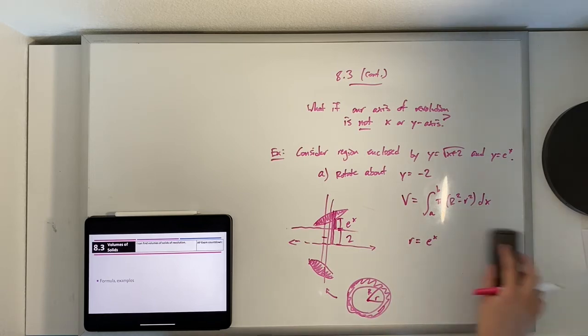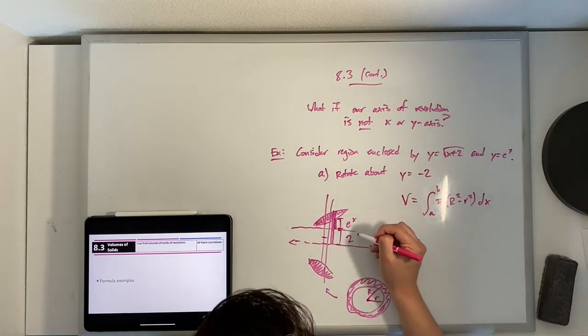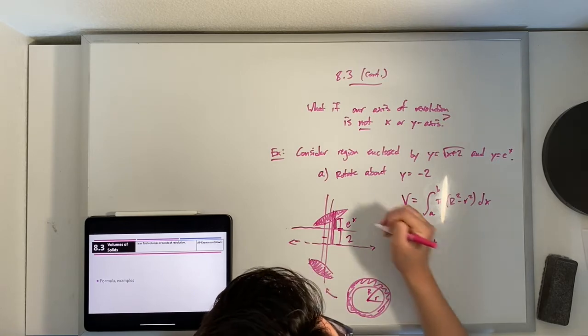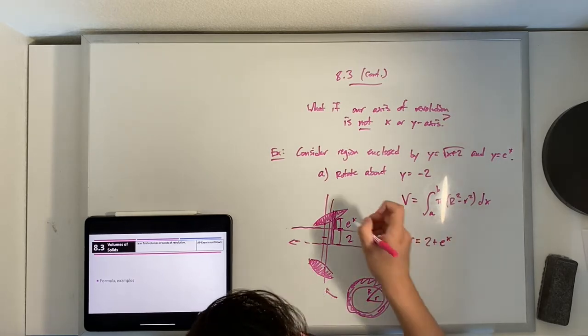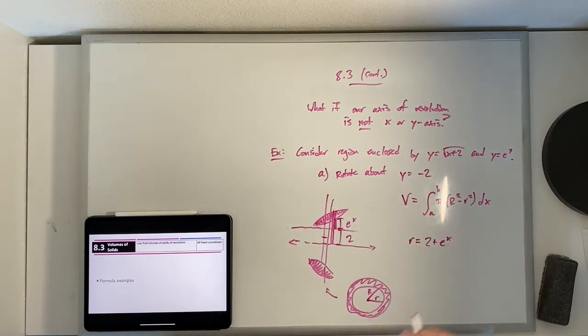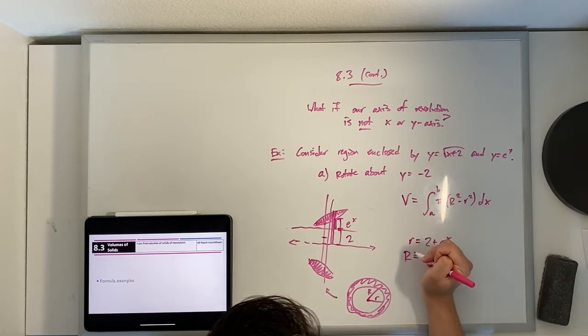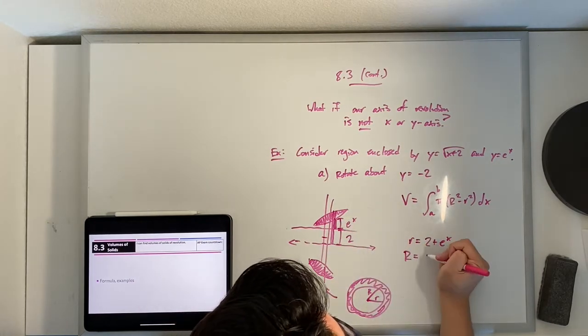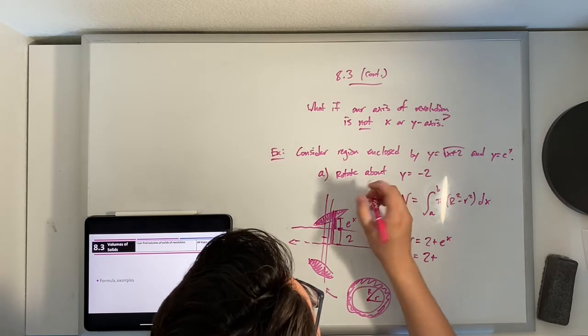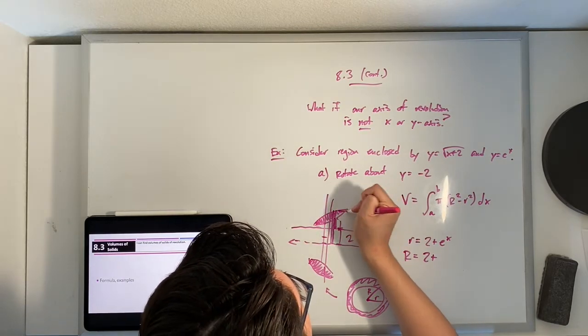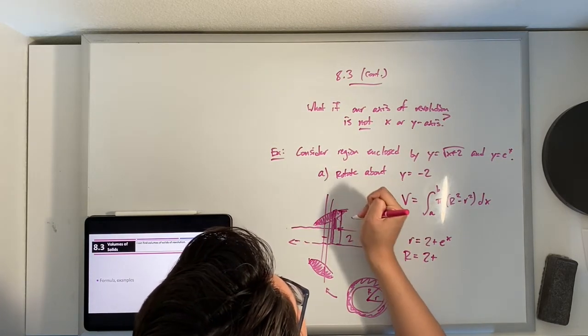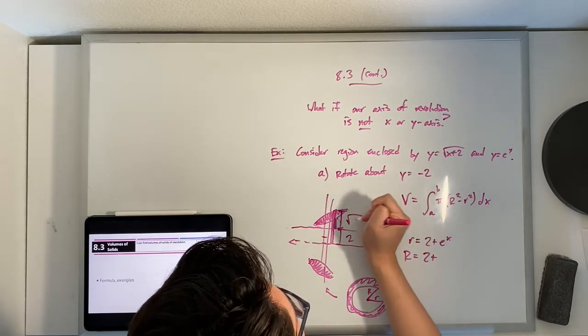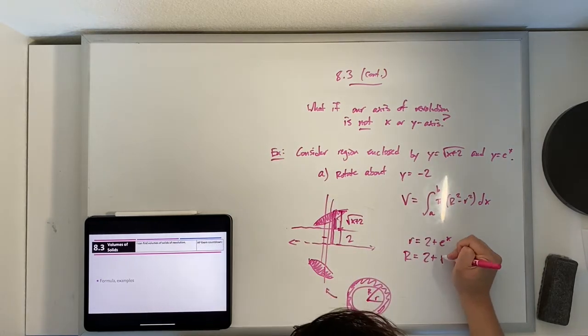So what is little r? It's 2 plus that function value at any given x. And big R, well, we have this 2 here still, and then we want this distance now, which is the top function, square root of x plus 2.